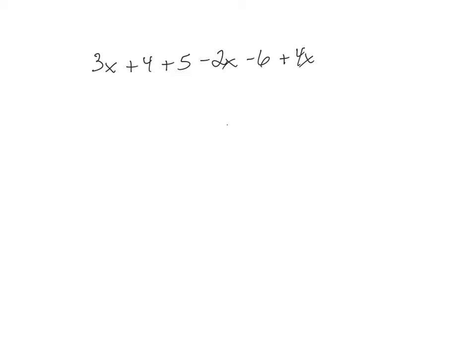So again, start with the letters. 3x, 2x, 4x. So 3x minus 2x is 1x. You don't have to write the 1, but if you do in the middle of the problem, that's fine. And then 1x plus 4x would give me 5x.